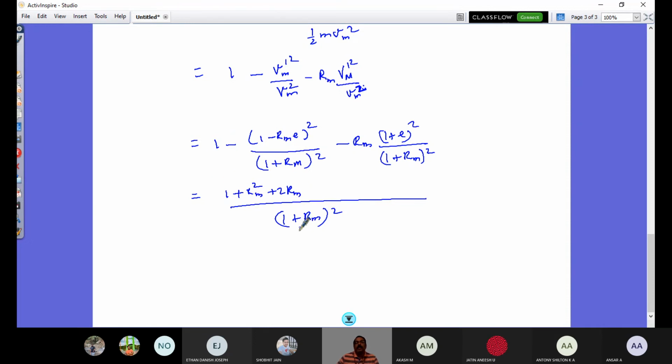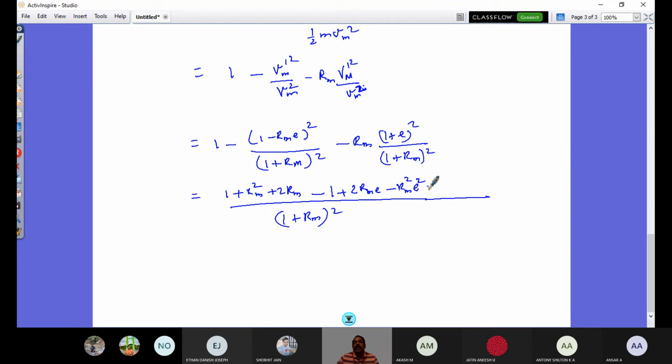So 1 into this is this, minus 1 plus, again this, 1 minus, so this is a minus b whole squared. If I expand that, 1 squared, so minus 2 Rm e, that the minus of minus becomes plus, so 2 Rm e and plus Rm squared e squared. So minus when it goes, it is Rm square e square.